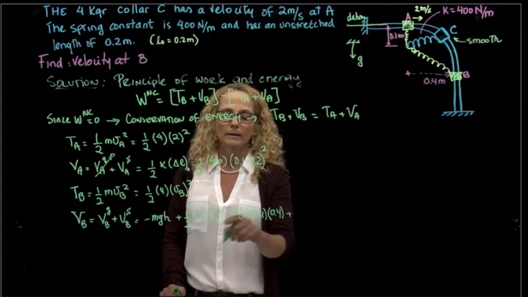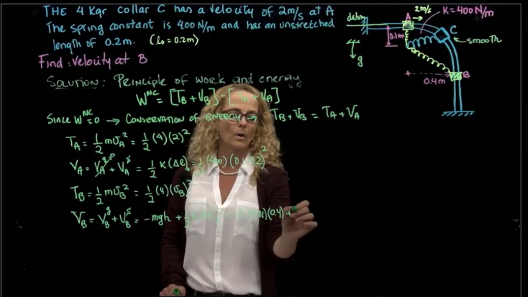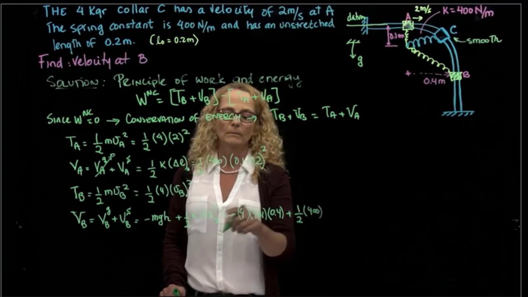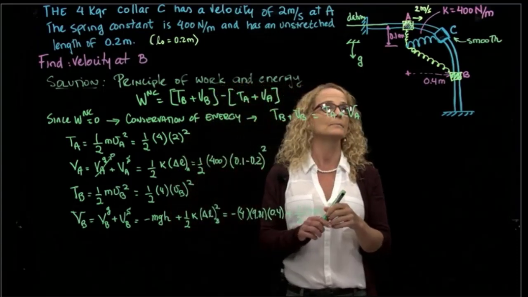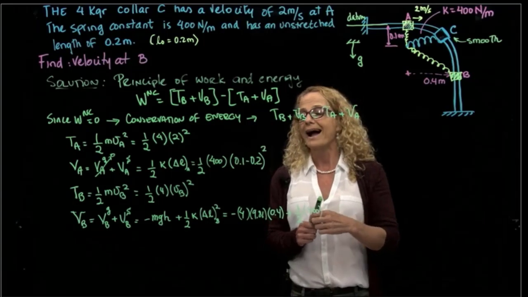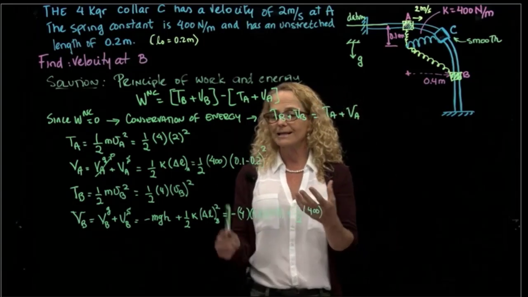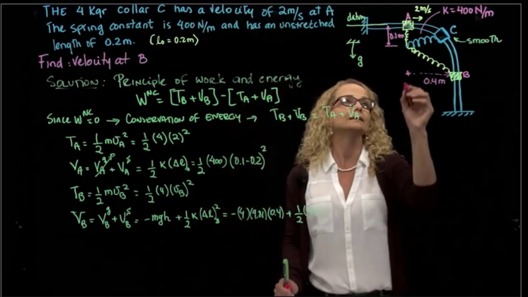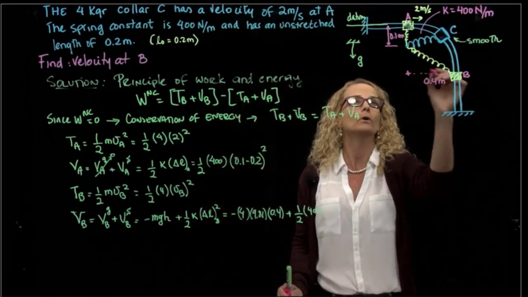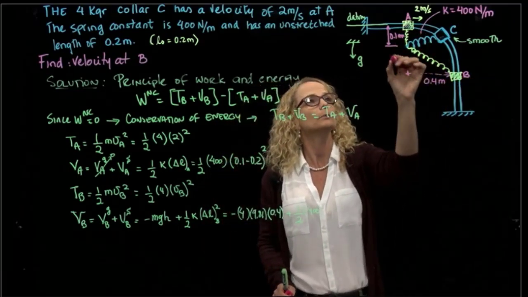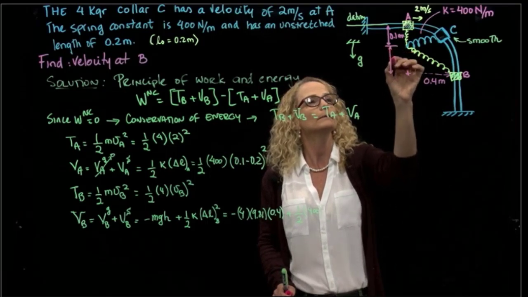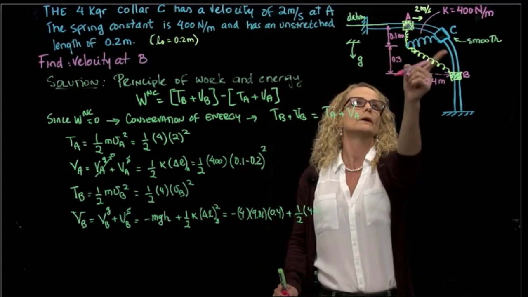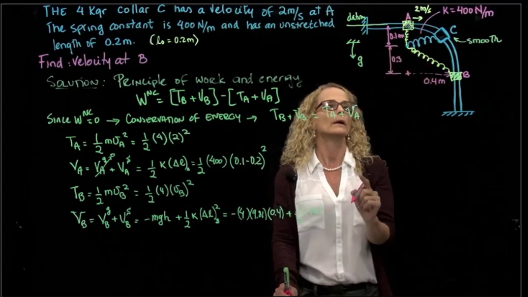And the potential energy will be 1/2 k, which is 400, and the distance. This is important to find that distance: how stretched is that spring? As we see, this is 0.4, and this is totally 0.4, so this is 0.3, right? The same radius for the whole rod.